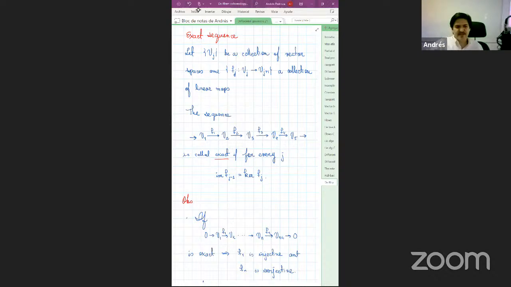Okay? So in an exact sequence that looks like this, when we have a 0 at the beginning and a 0 at the end, we know something about the first and last functions. The first one is injective, and the last one is surjective. Okay?